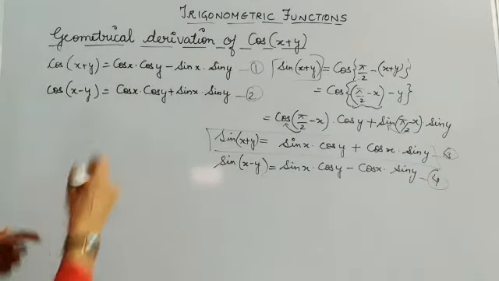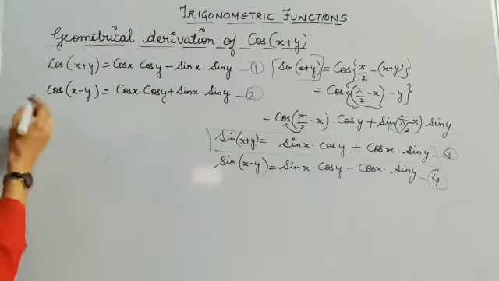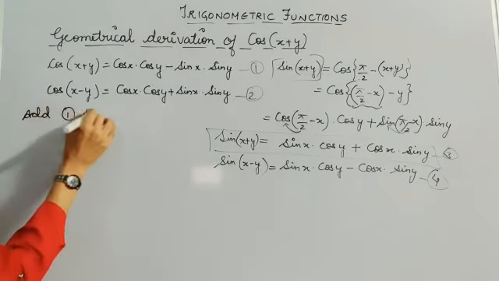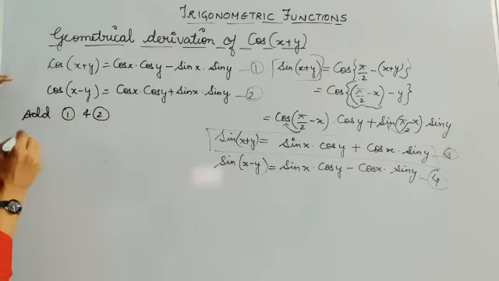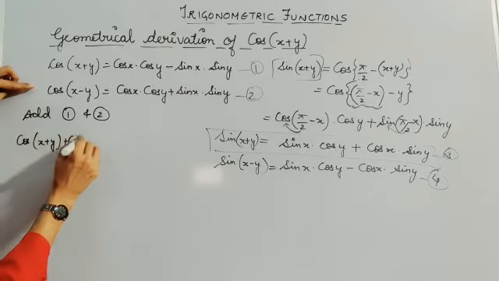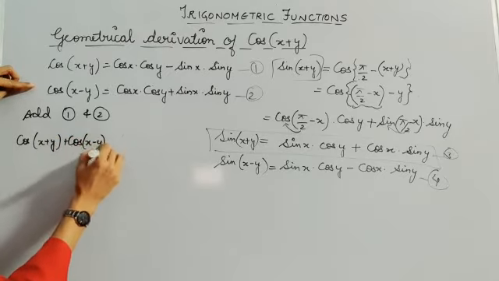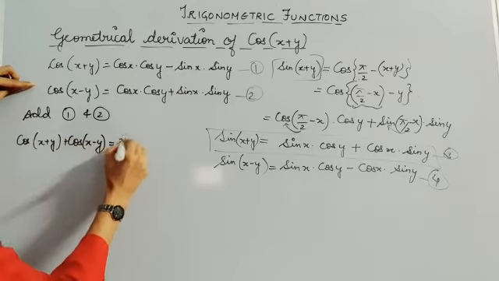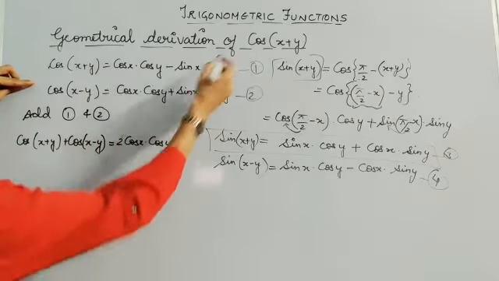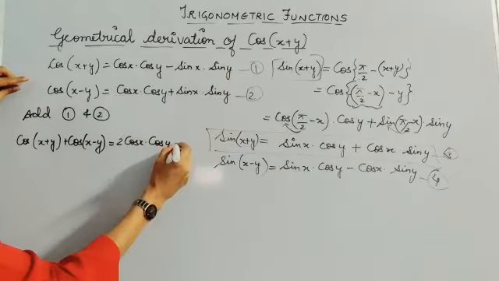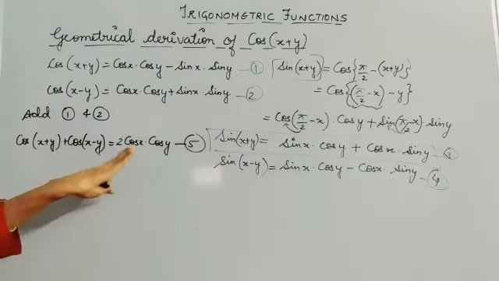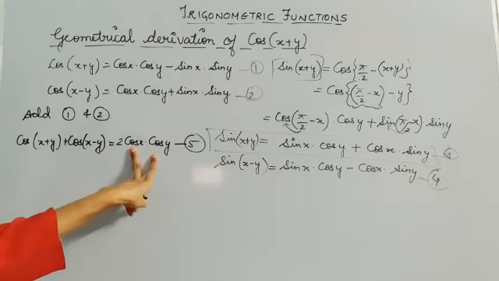Let's frame the next formulae. What you can do, you just add 1 and 2 one time. If I add 1 and 2, then I will be getting cos(x plus y) plus cos(x minus y), and here I will get twice cos x into cos y, and when I am adding, the sine terms will cancel each other. So this is again one more important formula of product of 2 cos terms.